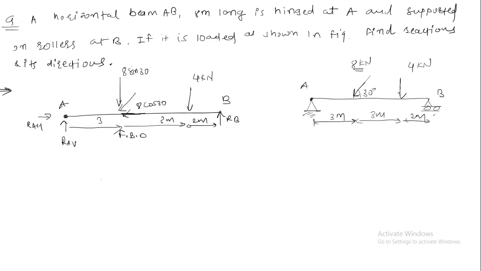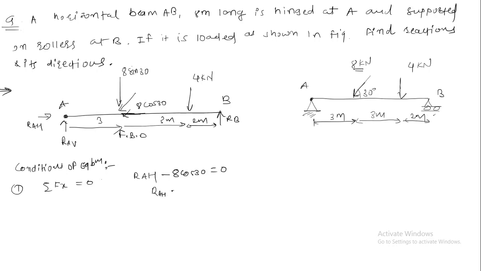Same, we will apply the conditions of equilibrium. So first condition of equilibrium is summation of forces in horizontal direction is 0. So what are the forces in horizontal direction? One is RAH, right side, that's positive, minus 8 cos 30 is equal to 0.